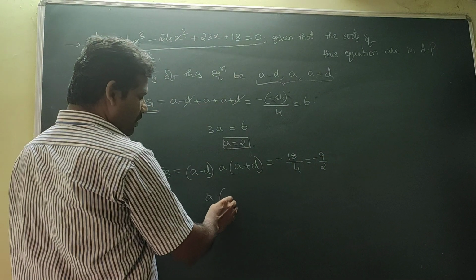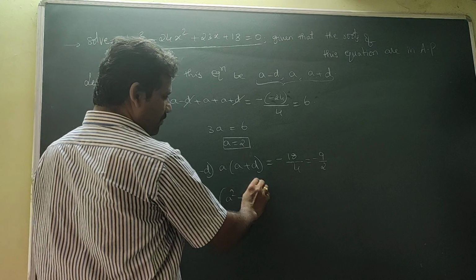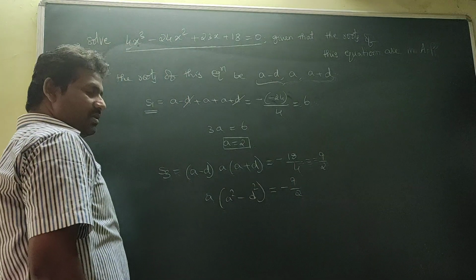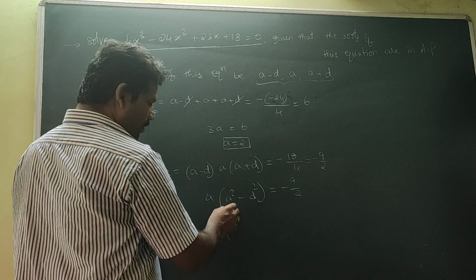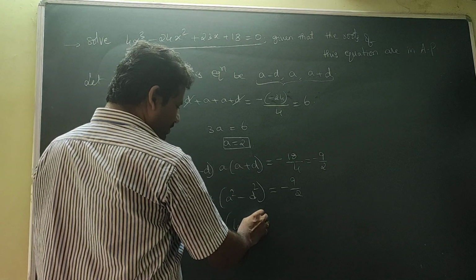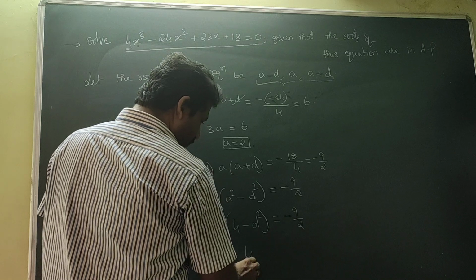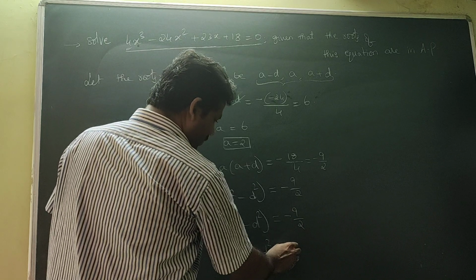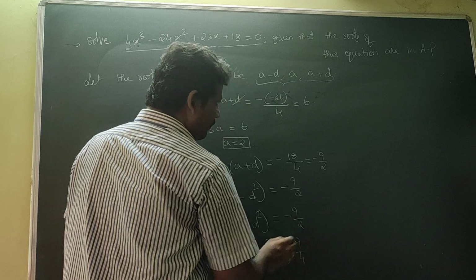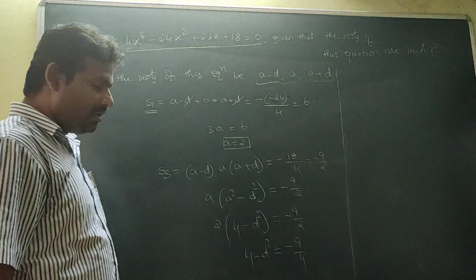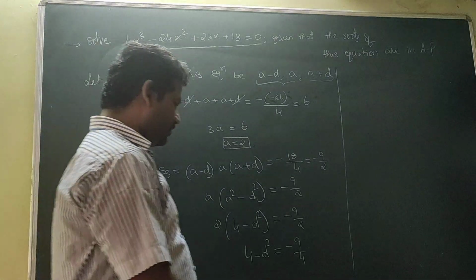A into A square minus D square equal to minus 9 by 2. What is the A value? 2. 2 into 2 square, 4 minus D square equal to minus 9 by 4.